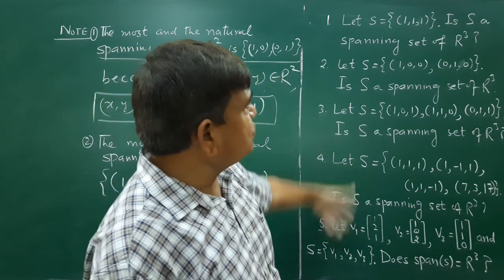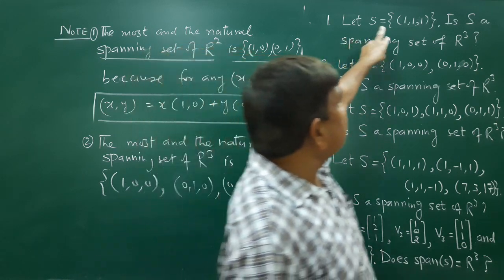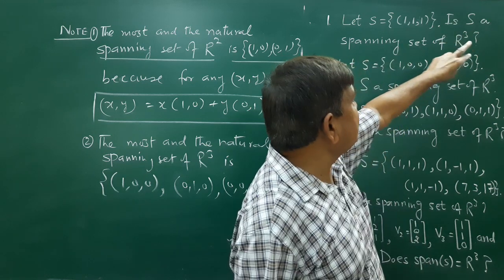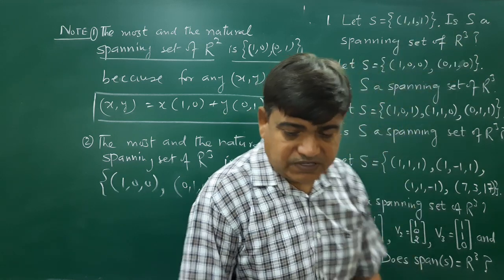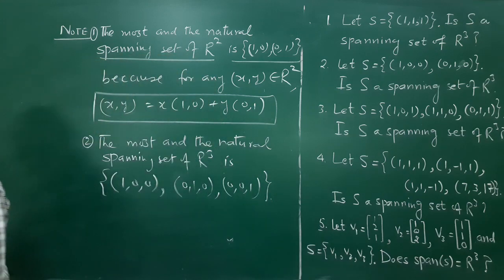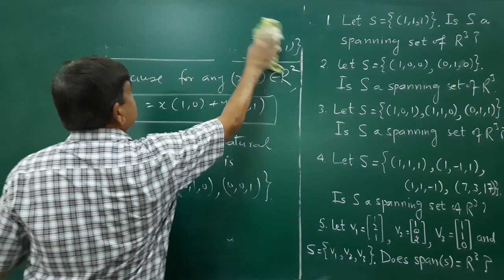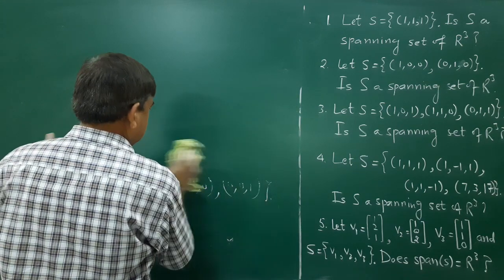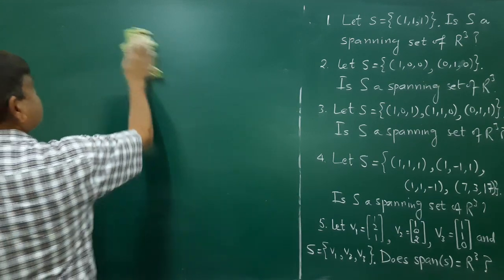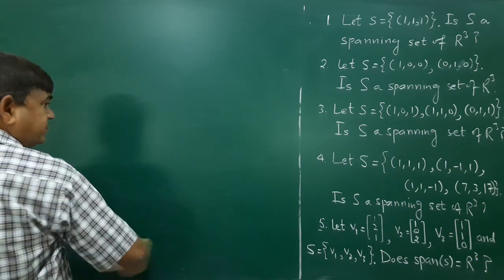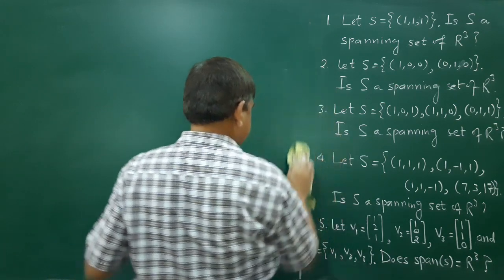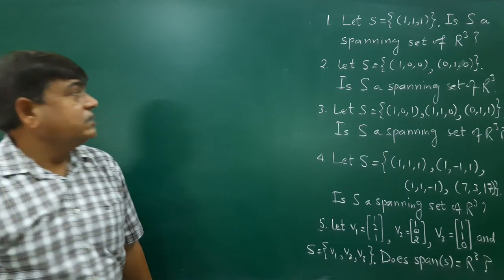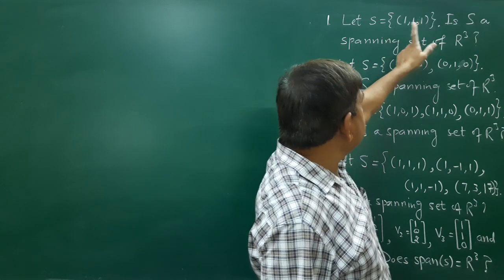Now remember these are the questions. You have to verify whether the set S given, with only one member, is a spanning set of R cubed. Now the first one I solve for this.